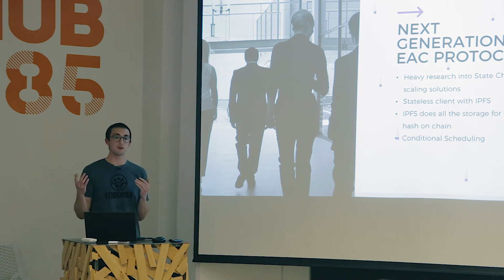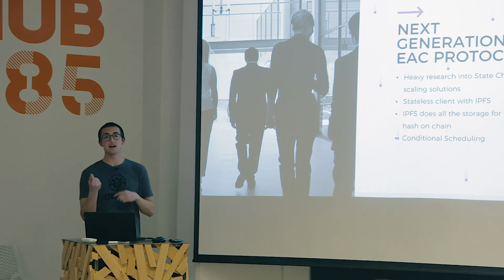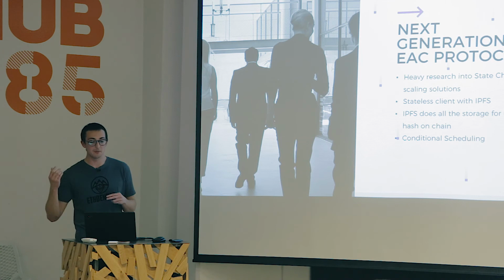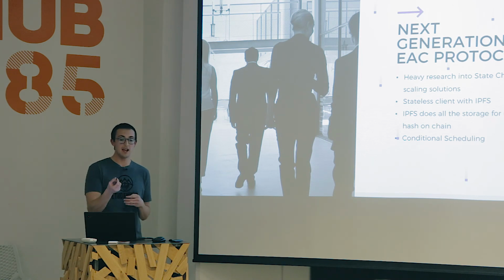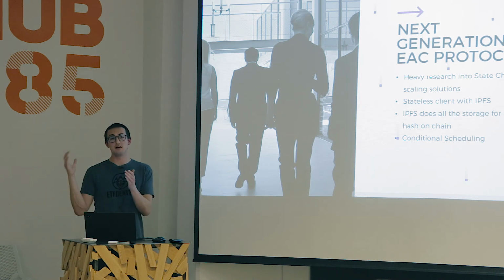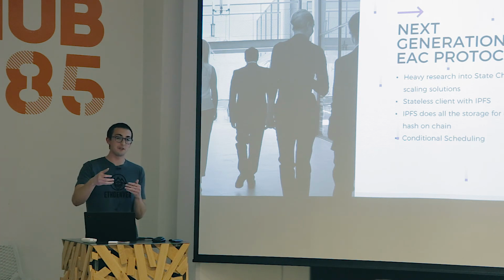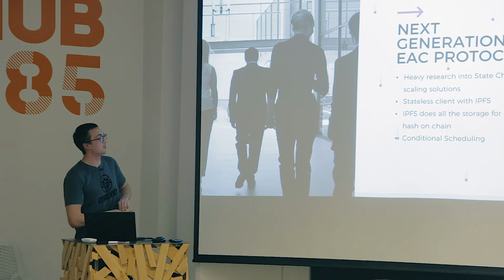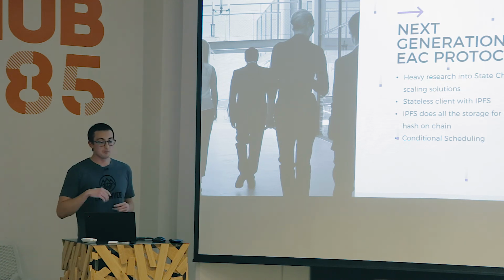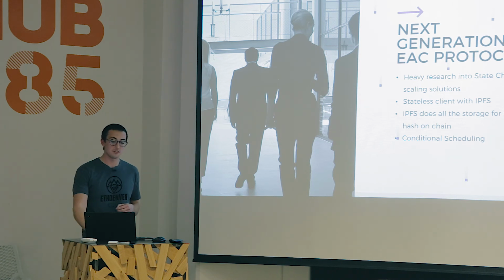The way IPFS works, the hash that's derived from the content is also the location of that content. So we're able to just store that hash and allow time nodes to find the execution parameters just by storing that hash.